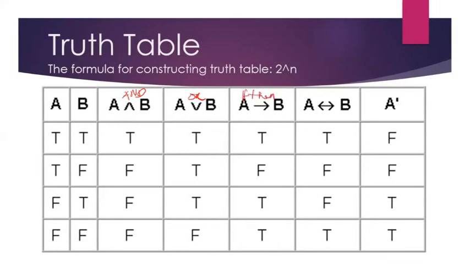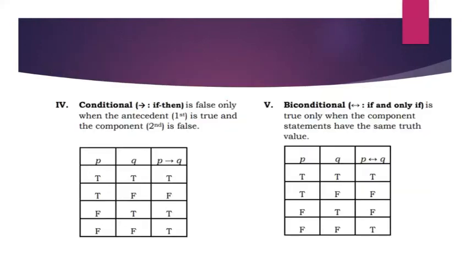Now let's go with if then. Ito is conjunction, disjunction, ito conditional, which is if then. We're done with this column. Let's go with this column. A conditional B, or if A, then B. Pag sinabing if then, magiging false lang siya if yung first statement is true, then ang second statement is false.